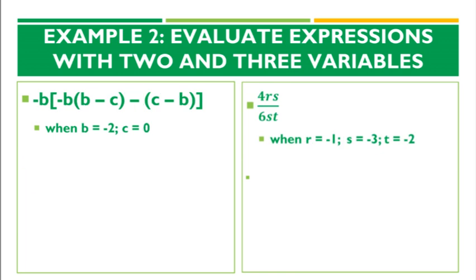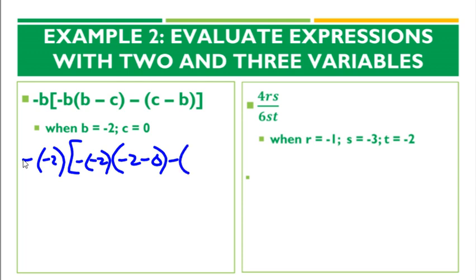Next, a couple examples. B is -2 and C is 0. So I've got a negative, -2, brackets, a negative, -2, parentheses, a -2 minus 0, minus, parentheses, C is 0 minus a -2, and parentheses and brackets.